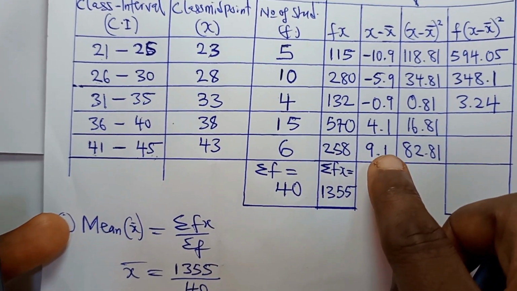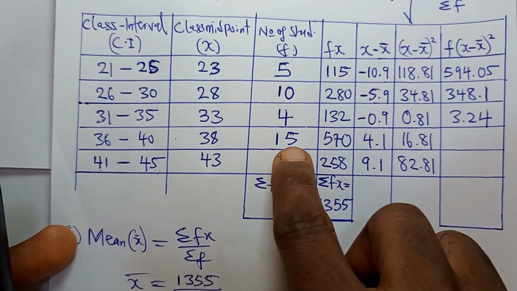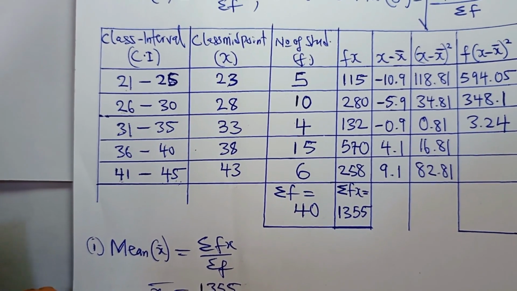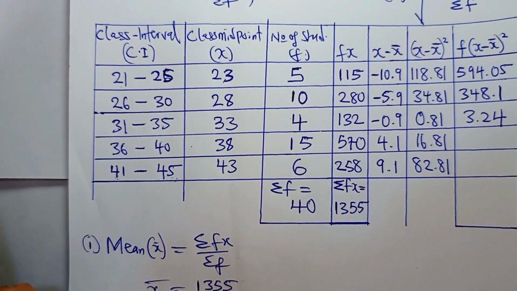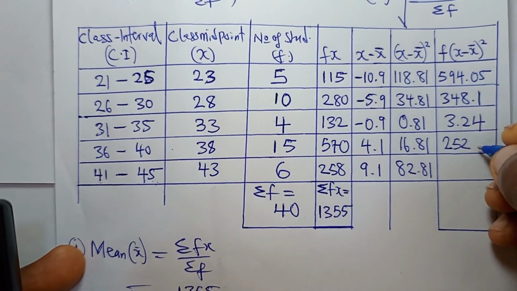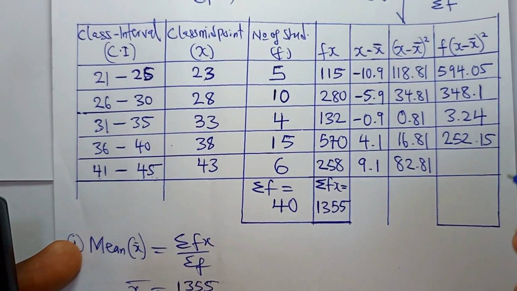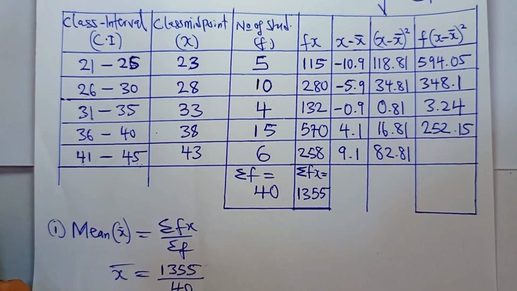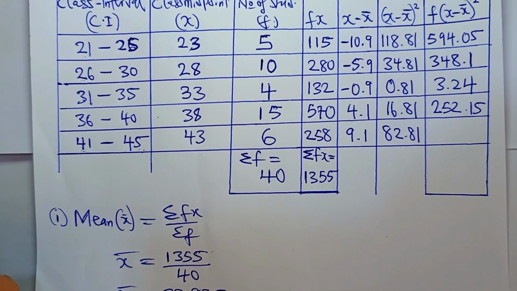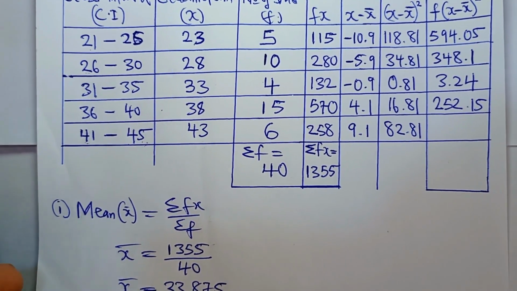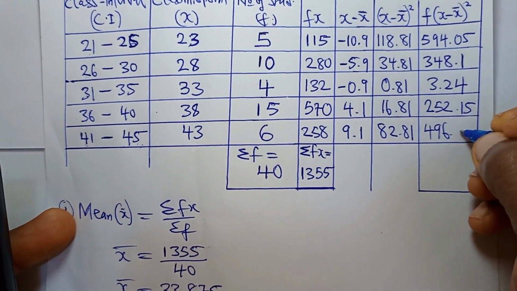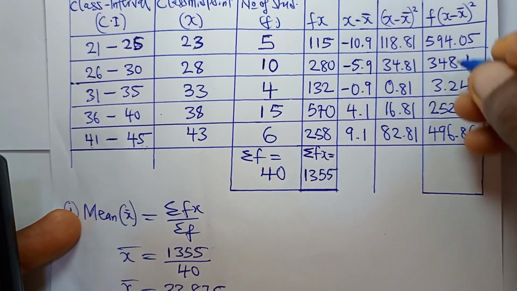Then 15 times 16.81. That will give me 252.15. And finally, we have 6 multiplied by 82.81, which will give me 496.86. So I will total this.